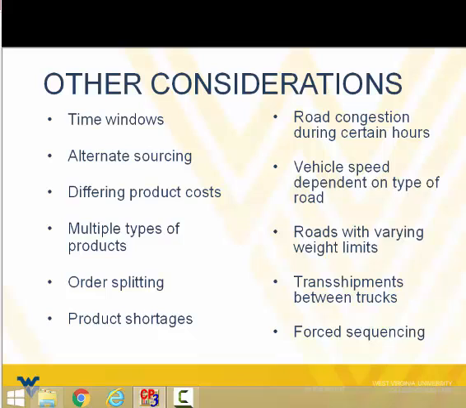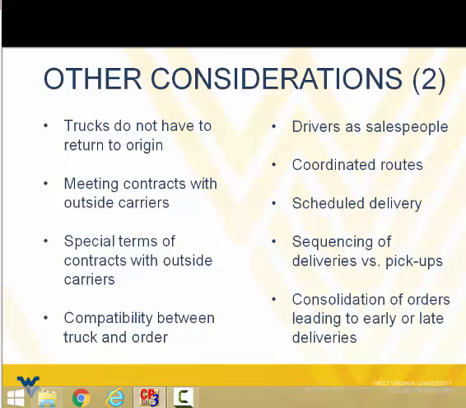Clearly, time windows, we will see, make it complicated. And then a number of different operational characteristics. Here's another laundry list of these considerations, which are pretty much self-explanatory. At this point, those of you at least who are taking transportation should have come across all of these characteristics, so I'm not going to belabor the obvious.